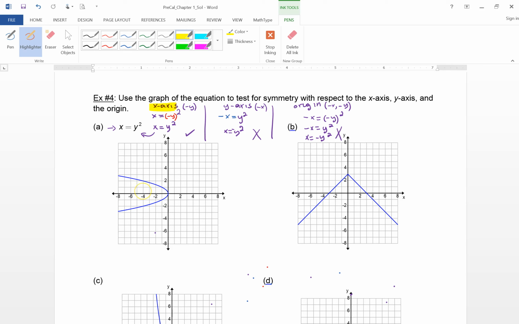Now, looking at the graph, can you see from the graph that this has symmetry around the x-axis? Right? This is the x-axis. If you fold this around the x-axis, it's symmetric, right?